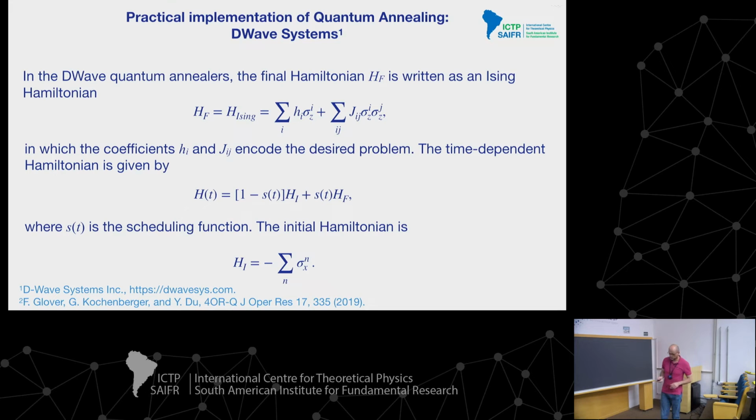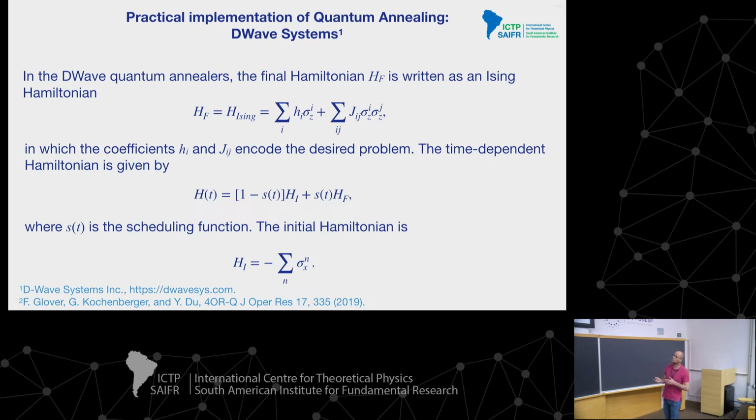So this is important, but it is also important to note that with this Ising Hamiltonian, it's not possible to implement all the problems you desire. That's a problem, right? But with quadratic Hamiltonians, a lot of problems, traveling salesman problem, etc., it's possible to implement.